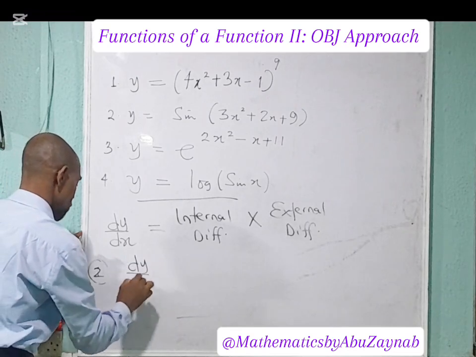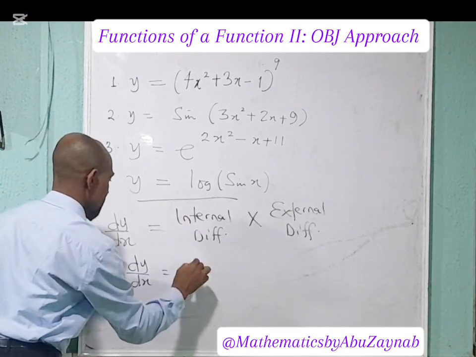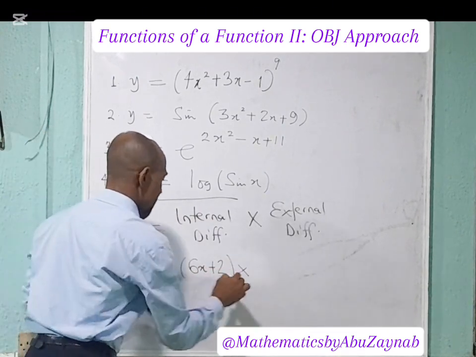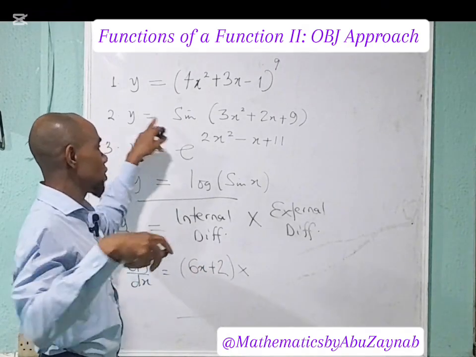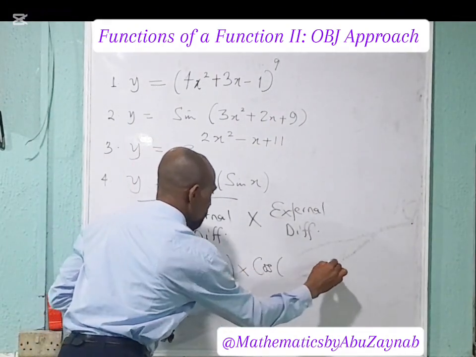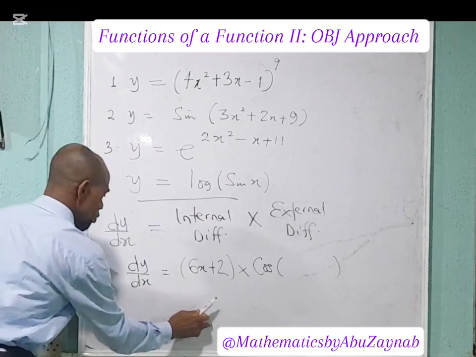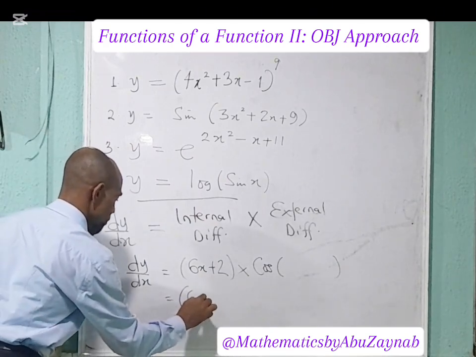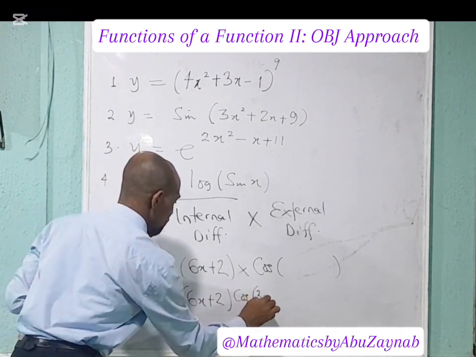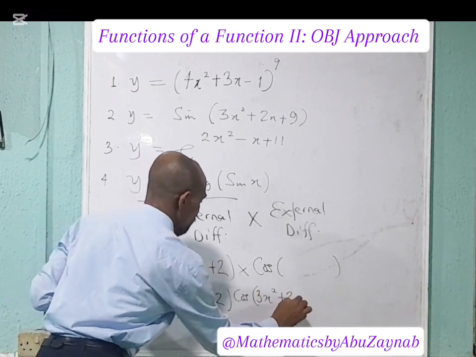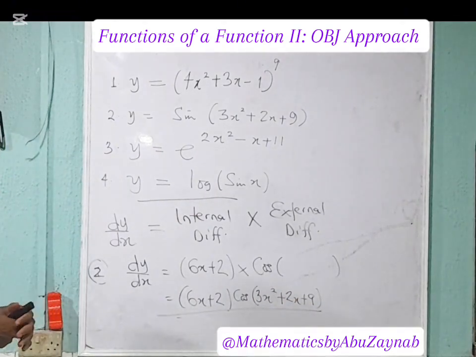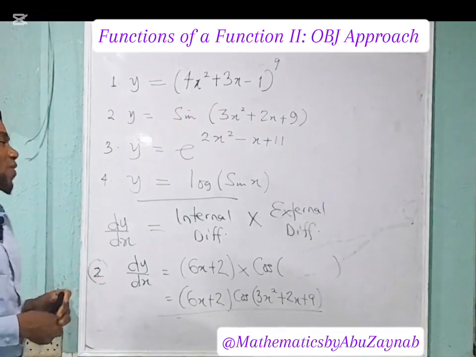So dy/dx for question 2 goes thus: internal, 6x plus 2, multiplied by, on the other hand, the external, where we are differentiating sine, which simply means cosine from our very first table. Merging the two products, we have (6x plus 2) cos, and we replace the content of the bracket, originally 3x squared plus 2x plus 9. Again, in 2 steps, that is the answer to the differentiation of y equals sine of all that.